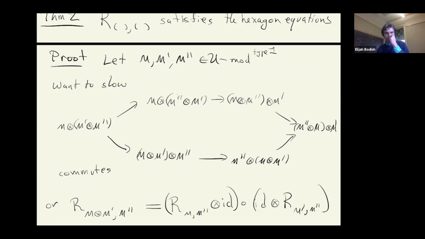So we need to show this equality of morphisms built out of these various R isomorphisms.